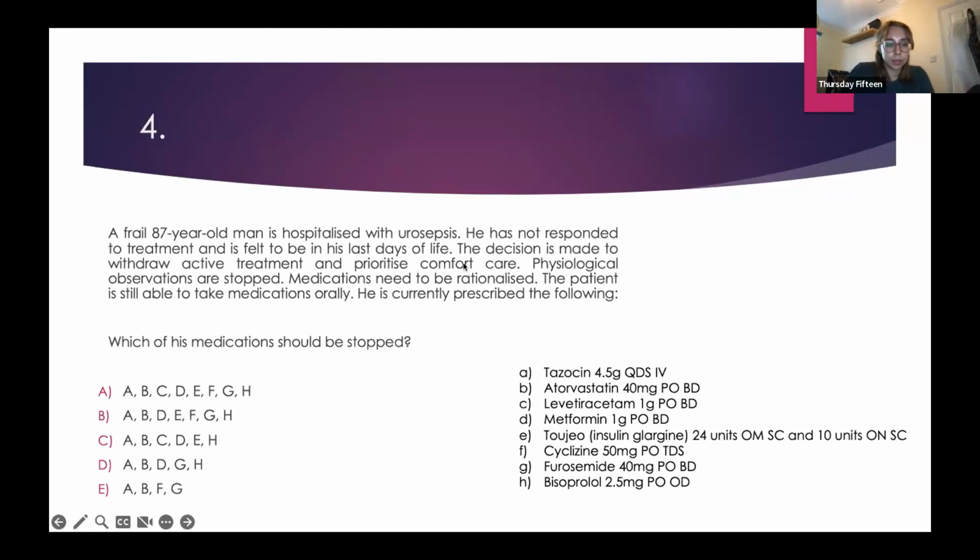What did you guys put for this one? So this was kind of a meds reconciliation polypharmacy question for someone at the end of their life who is felt to be in the last days of his life. We're prioritizing comfort care and we're withdrawing active treatment. So which meds should be stopped in this patient?